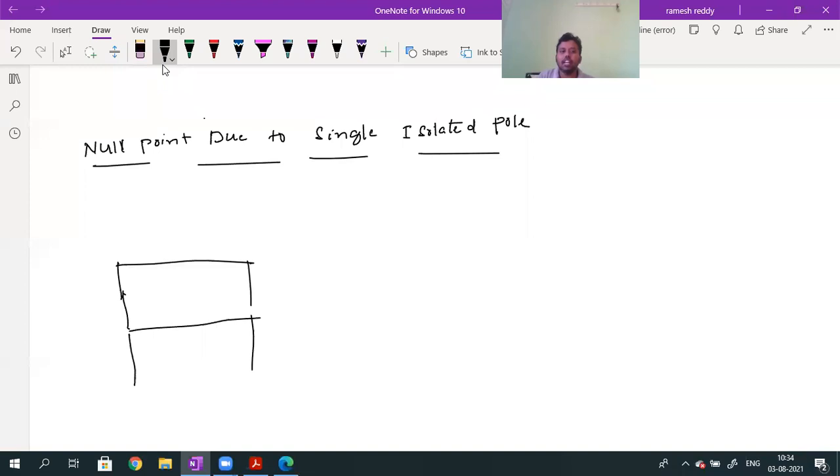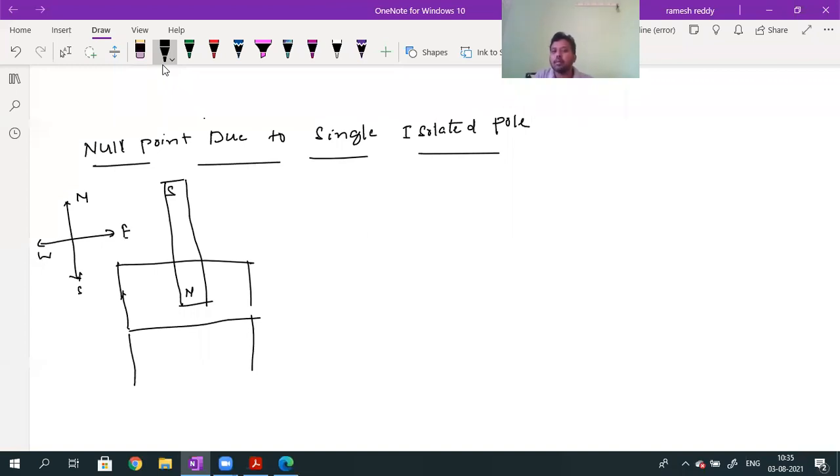On this table, let me consider one long bar magnet, one whose length is very large. This is the south pole, this is the north pole. Considering the geometry, this side is north and this side is south, this is east and this is west.